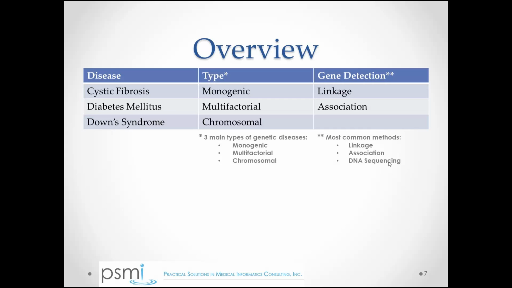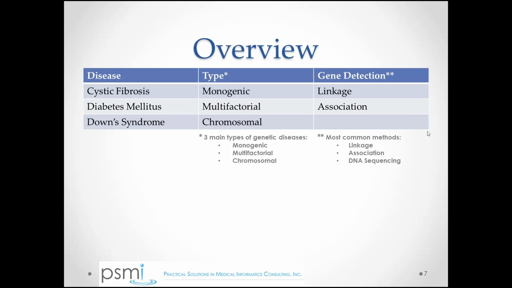And having determined that these were genetic diseases, what's the process that folks have gone through in order to actually isolate the gene and isolate the actual mutations? So today, I thought it might be interesting to not just go into the genetics of cystic fibrosis or diabetes, but also take you through a little bit of the exercise that went on to determine that it was a genetic disease and what the genetics of the disease actually were.